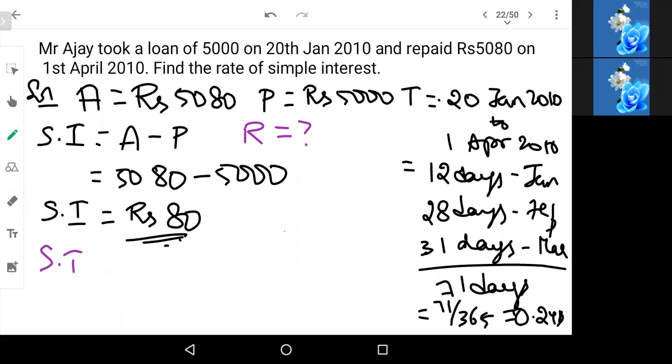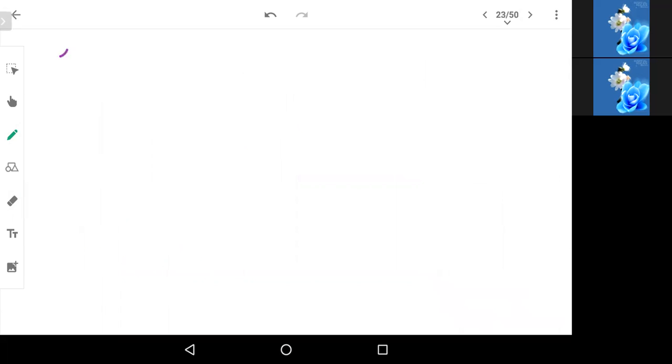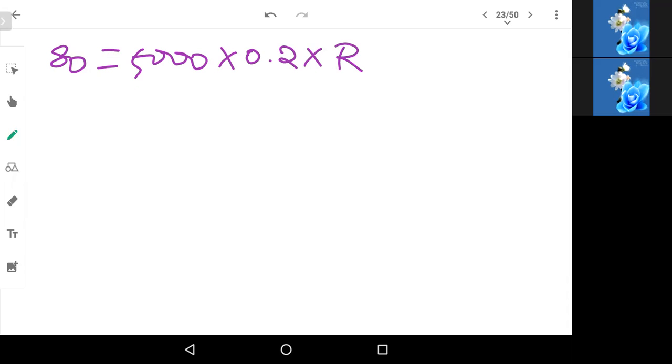Simple interest is equal to PTR by 100. So what is simple interest? 80 rupees is the simple interest, is equal to principal 5,000, time 0.2 years, and we don't know R, divided by 100.